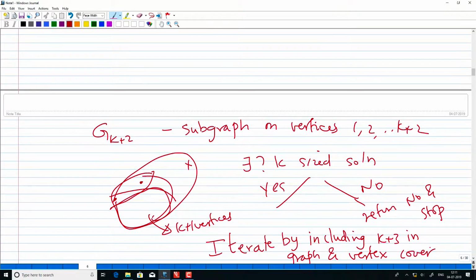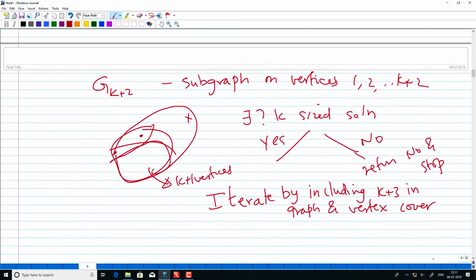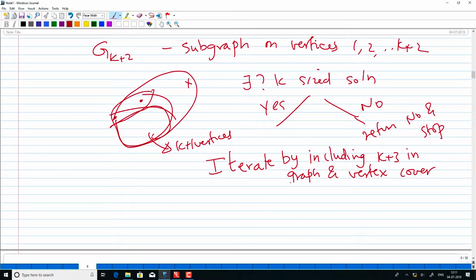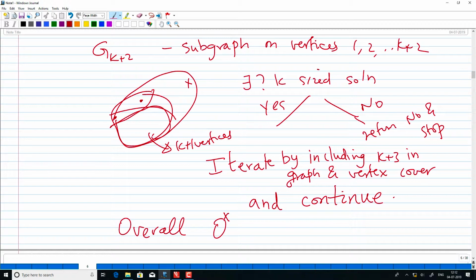And that's continue basically, right? So overall, 2 power k, or more precisely order 2 power k. There will be a factor of n here with whatever.